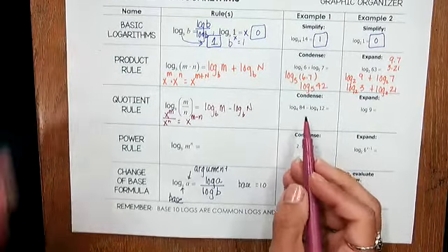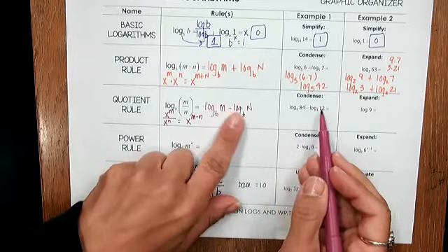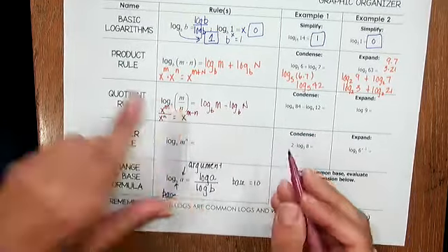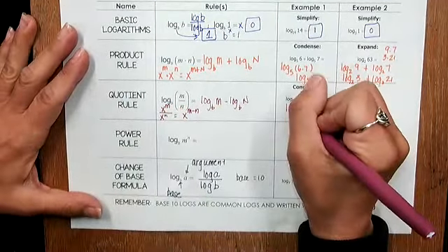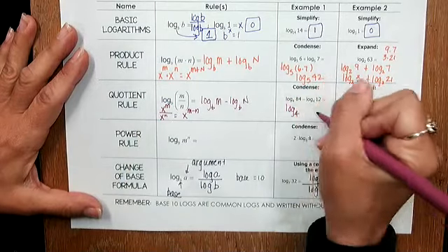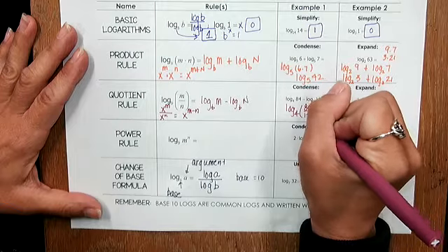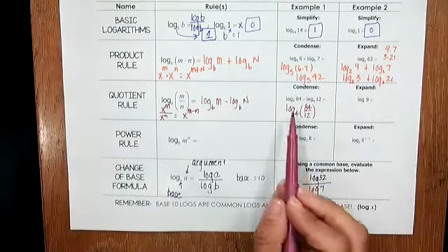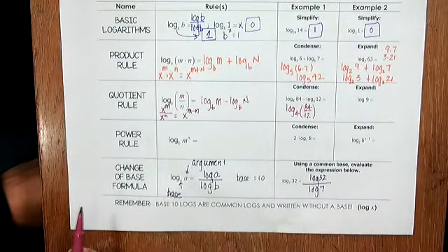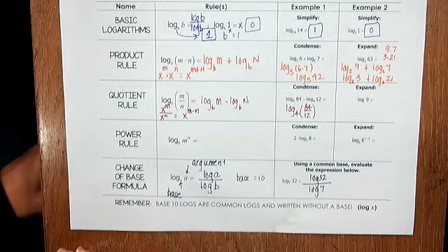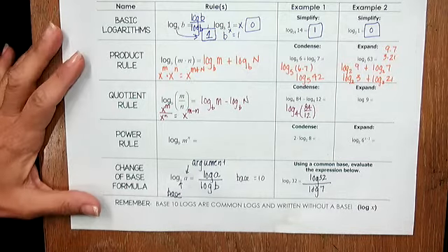So going backwards, subtract the logs, divide the arguments. So this becomes the log base 4 of 84/12. Subtract logs, divide arguments. And I am sure that can be reduced.